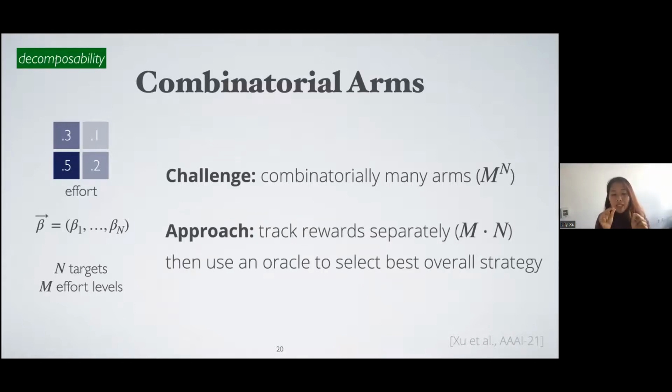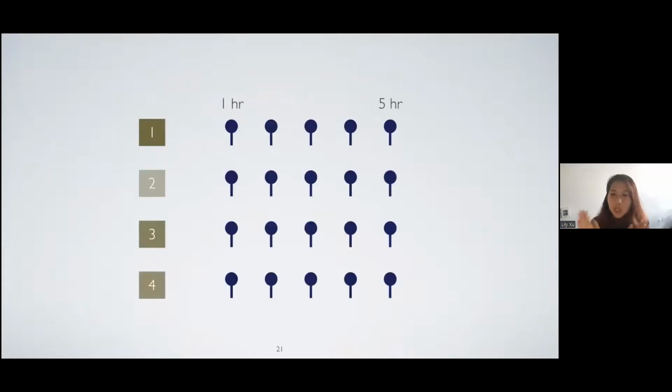So by tracking not an estimate of the entire vector beta, but an estimate of the reward of each individual subcomponent of beta for each target, for each effort level separately, that enables us to only have to consider this linear set of reward estimates. And that's what we're visualizing here. So if we have n equals 4 targets and m equals 5 levels of effort, then instead of having 5 to the 4 levels of actions, we only have 4 times 5.